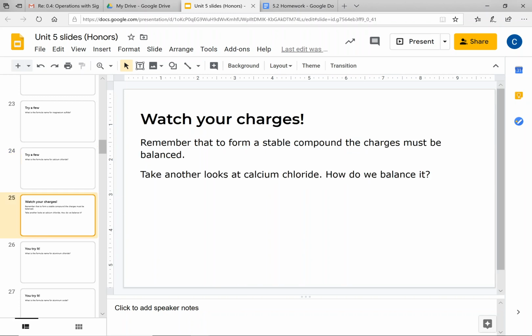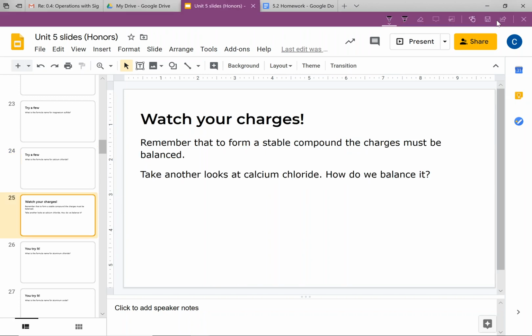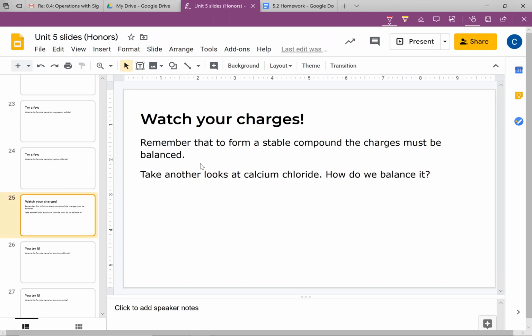But the charges don't work out nicely, right? If we write out CaCl, calcium is a 2 plus. And chlorine is just a 1 minus.